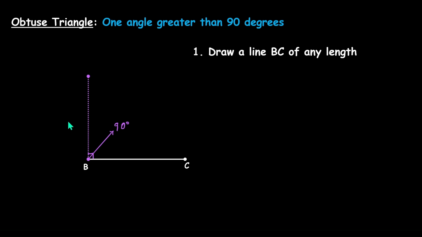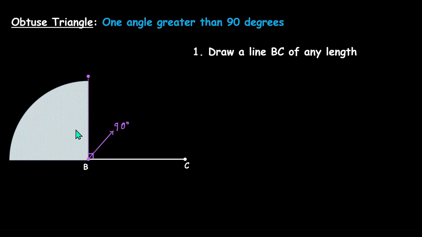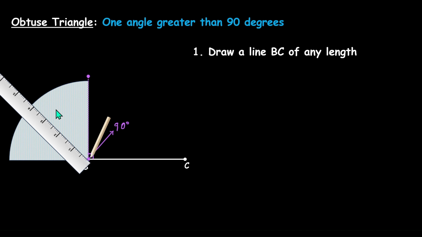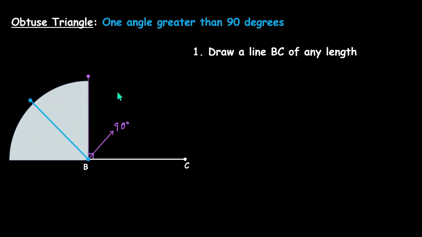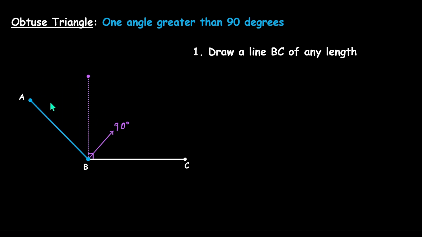So now the new side that we have to make should be somewhere around here in this area, because it has to be greater than 90 degrees. So let's take any point here and draw a line to B. So let's take any point, say somewhere here, and we draw it from B. So we get something like this. And let's mark this point as A.